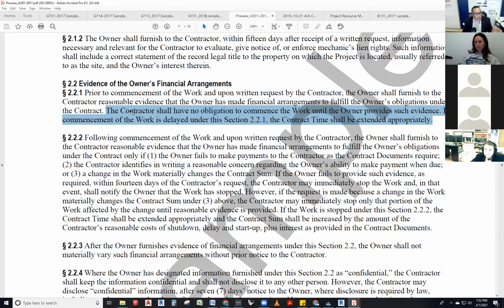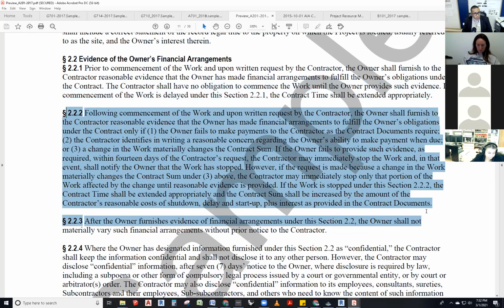So the contractor shall have no obligation to commence the work until the owner provides such evidence that they are actually capable of paying. And if commencement of the work is delayed under this section, the contract time shall be extended appropriately. You've got to give me more time. Section 2.2.2: following commencement of the work and upon written request by the contractor, the owner shall furnish to the contractor reasonable evidence that the owner has made financial arrangements to fulfill the owner's obligations under the contract.